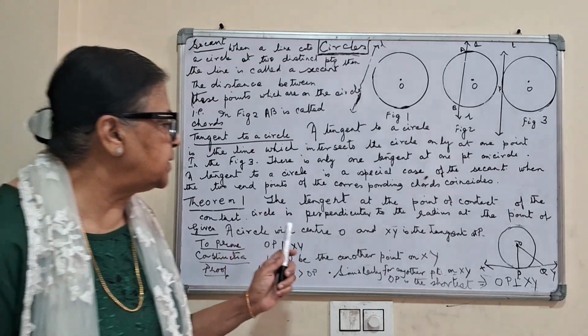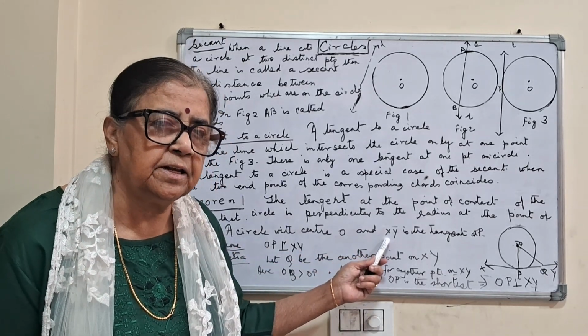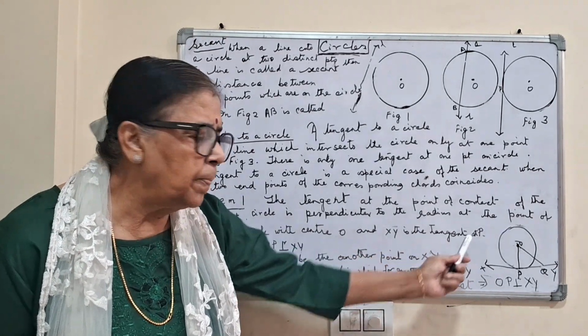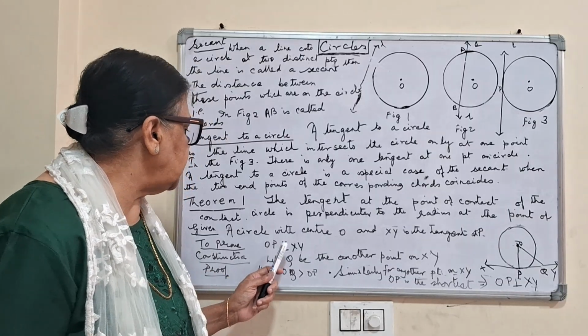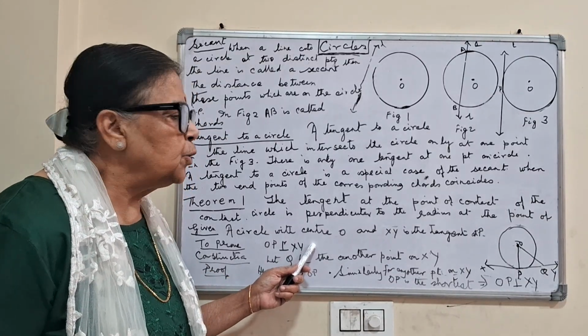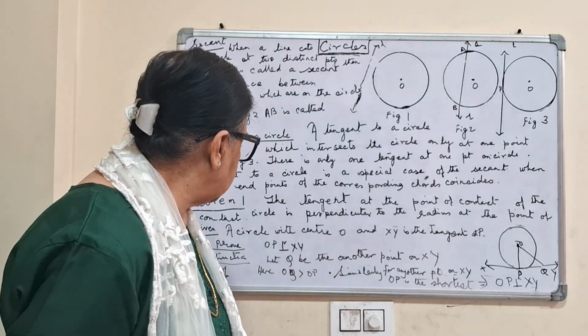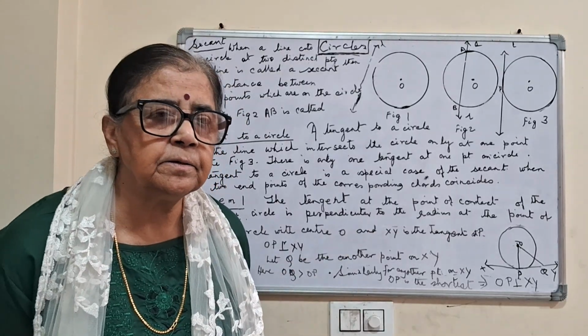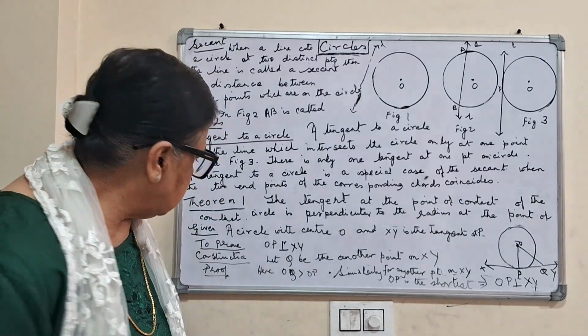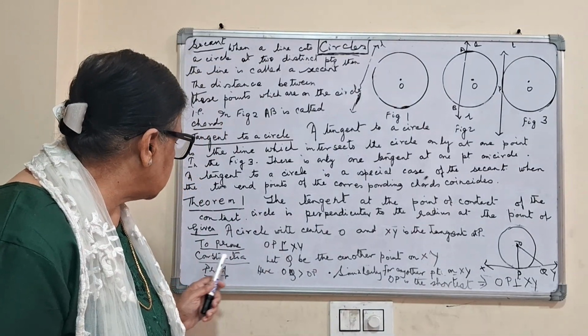Given a circle with center O and XY a tangent at the point P, to prove OP is perpendicular to XY. Now let Q be any other point on the tangent. This is a construction.